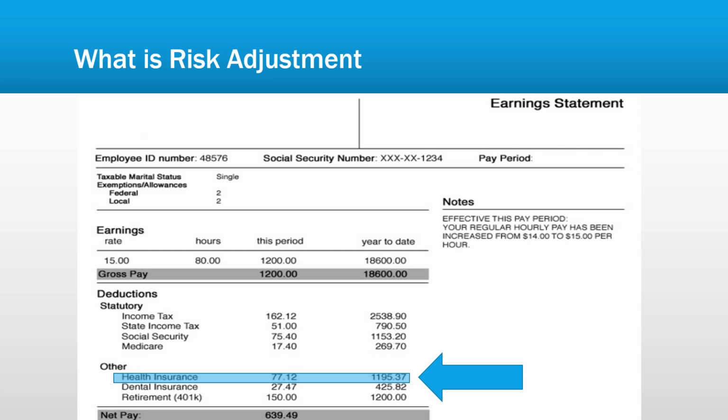Now, you may look at your health insurance on your paycheck and say, wow, $77, $150 a month, and we're assuming this is a 2-week pay period, $150 a month. That's a lot less than the $500 that we talked about earlier.